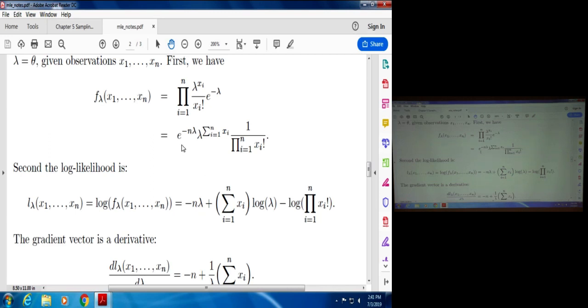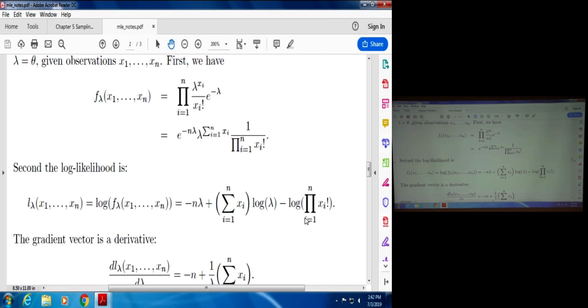This is the reason why we use natural logs. We get lots of exponentials in statistics, that's why. So minus n lambda. Then the logarithm of this is the sum from i equals 1 to n of x_i times the logarithm of lambda, minus this other thing. We don't care about this thing because you can see it's not a function of the underlying parameter. So now we have a function in lambda.